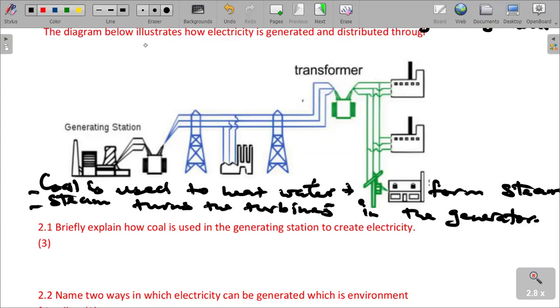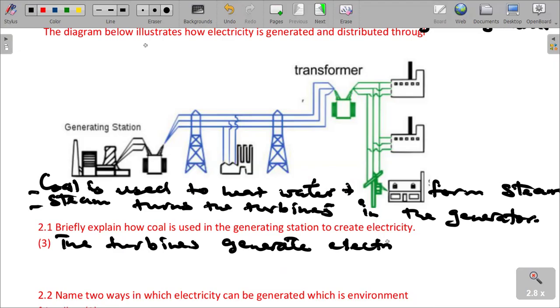And then what happens there? What is next is that the turbines generate electricity. That is one key thing.